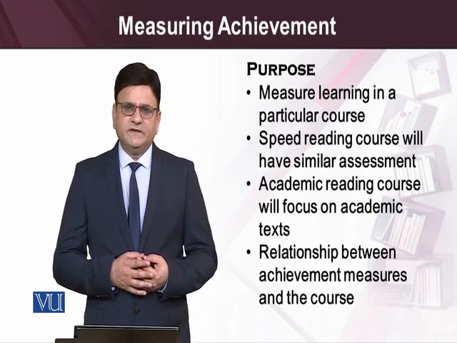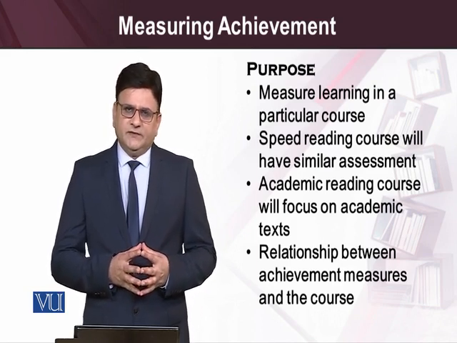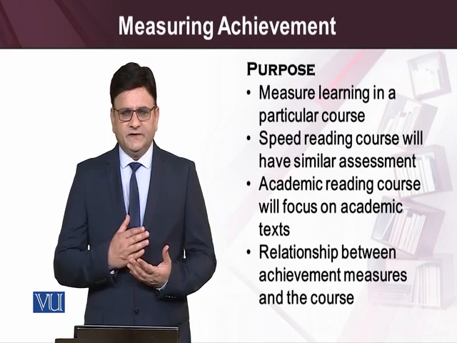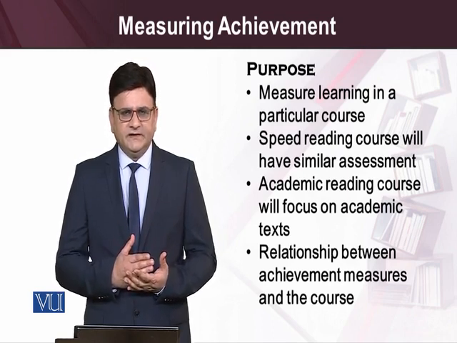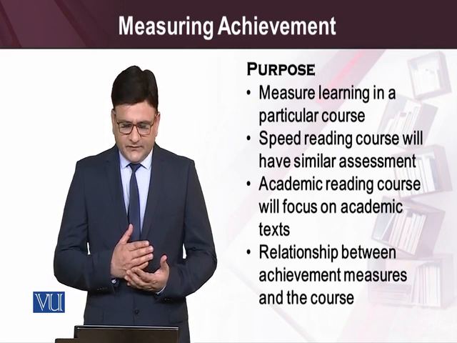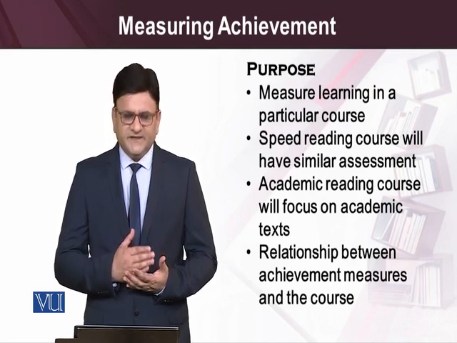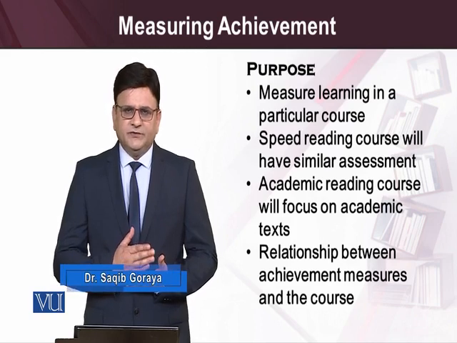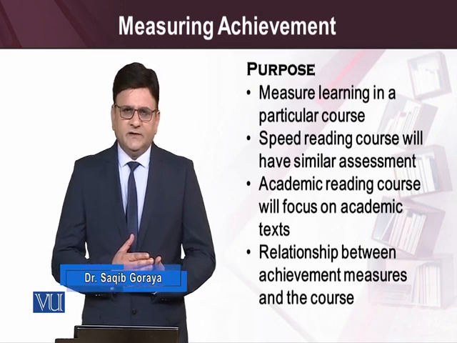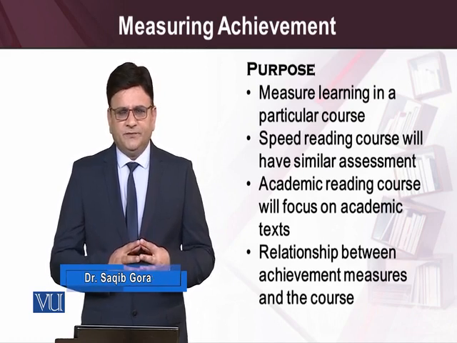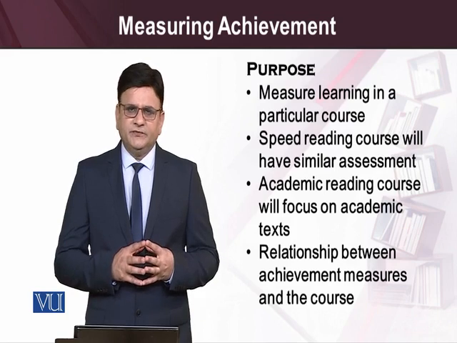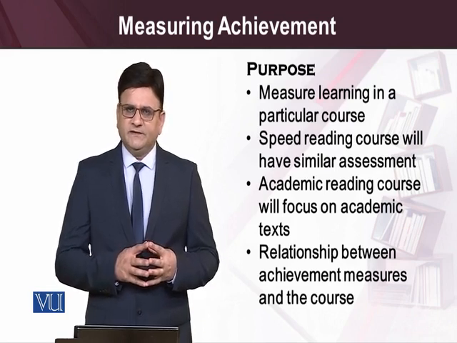So, for example, if the course is all about developing speed, which is one of the aspects of reading, then it should have similar assessment units in it. I mean, there should be a proper correlation between the aims of the course and its assessment.